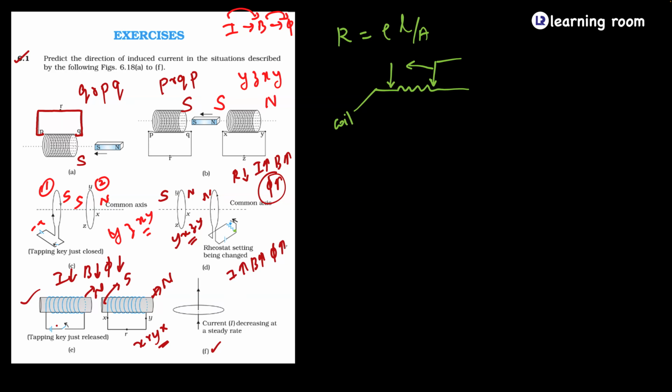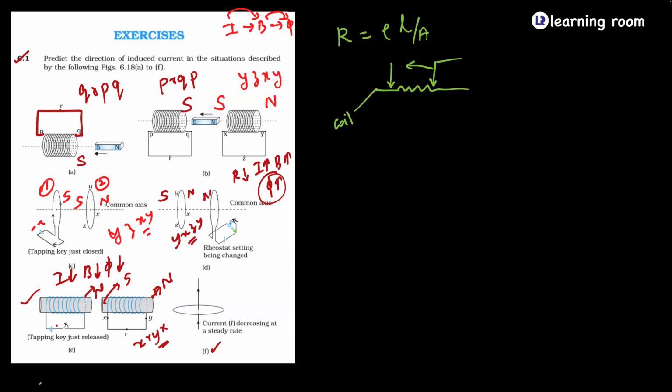Okay, then correction. Here, when I say that the current is decreasing, magnetic field will decrease and the flux will also decrease. Right? Listen to this carefully.